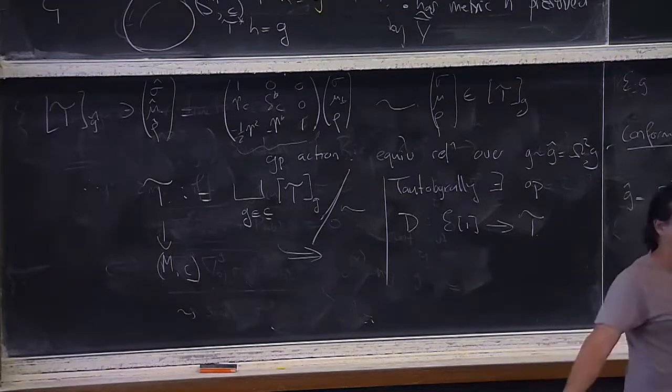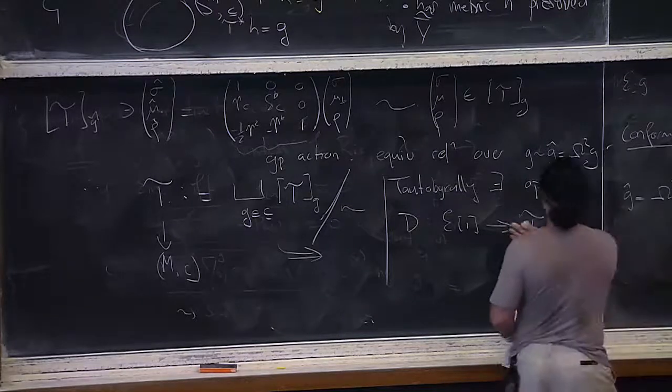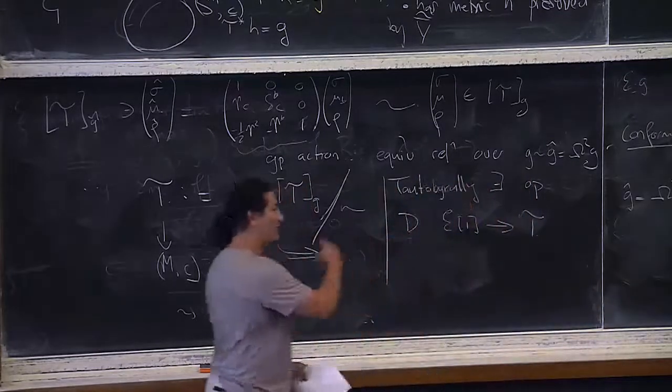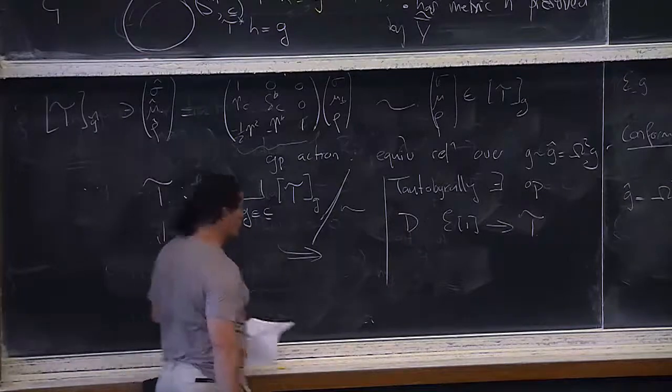Obviously, this becomes a conformally invariant operator because I used that formula to make the rule for how things transformed.